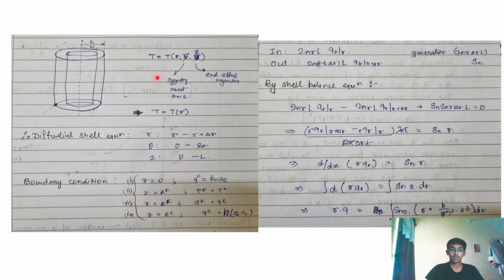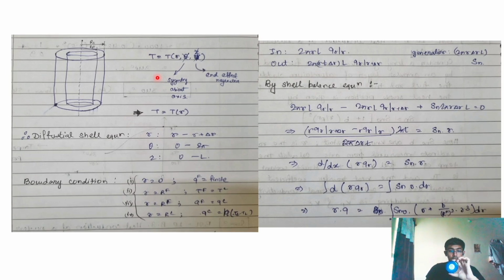For a cylindrical structure, we take a differential cell, a part of the cylinder. Suppose this is the differential cell. We can see the radius, the theta, and the amount of z we are taking.